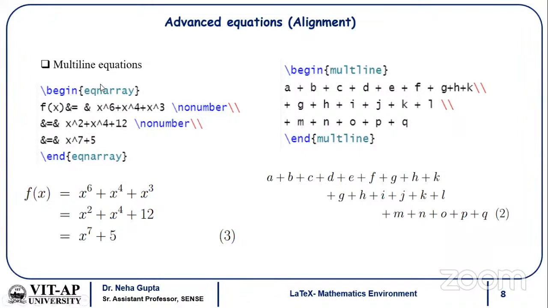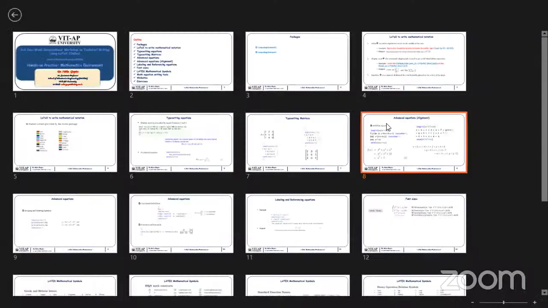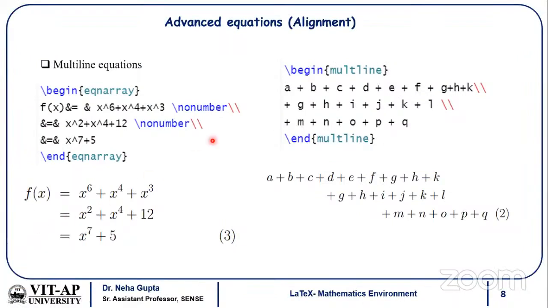After writing this command, once you have created the environment, you can start writing, one by one, whatever number of lines you have, all the equations. The first expression, just see here, f(x) equal to x power 6 is written. In place of only having f(x) equal to x power 6 plus this, one more thing is represented here, that is &, used on the left side of the equal sign and the right side of the equal sign.